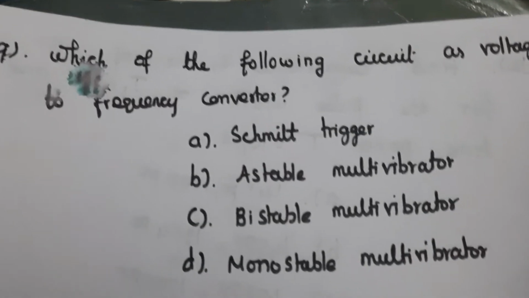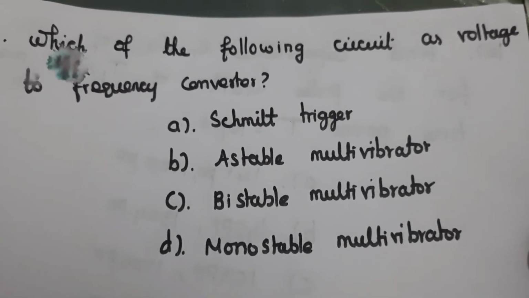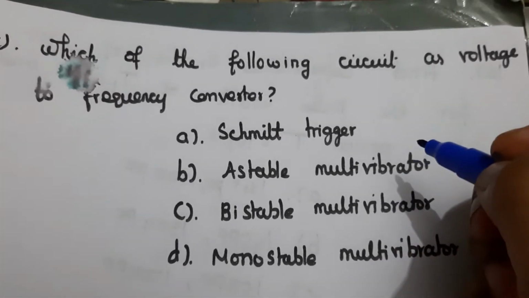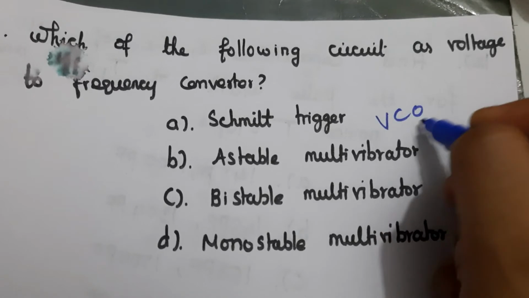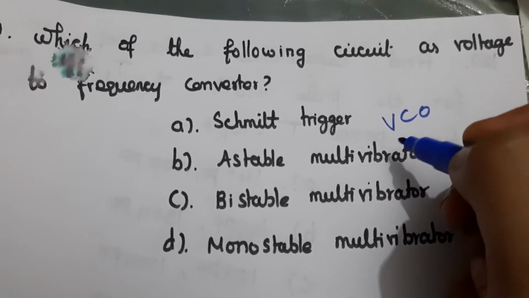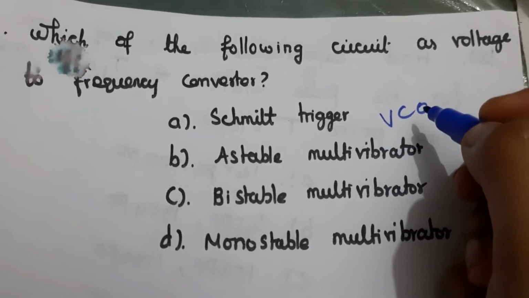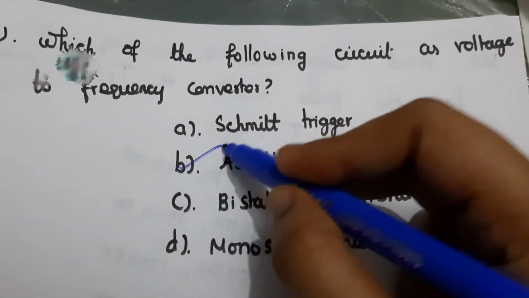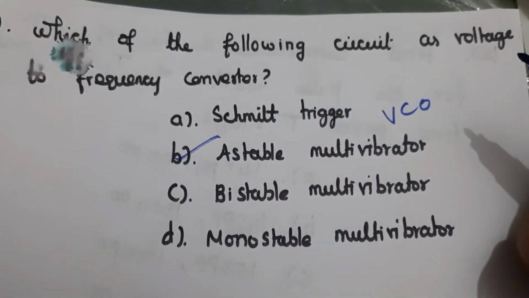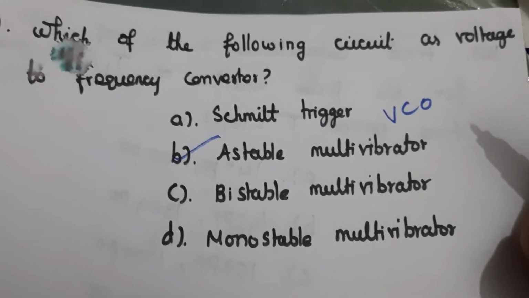Ninth question, which of the following circuits is a voltage to frequency converter? The astable multivibrator is known as a voltage controlled oscillator, that is VCO. So here the answer is B, astable multivibrator. This is used to convert voltage to frequency.